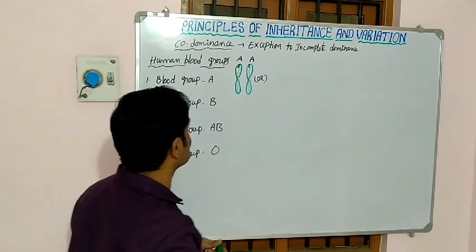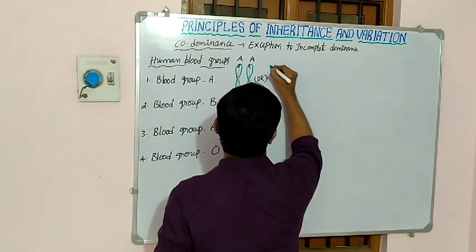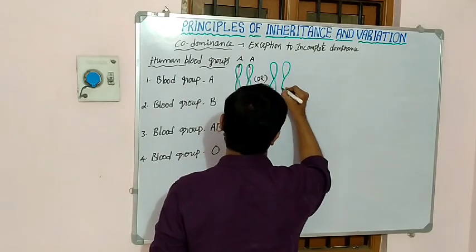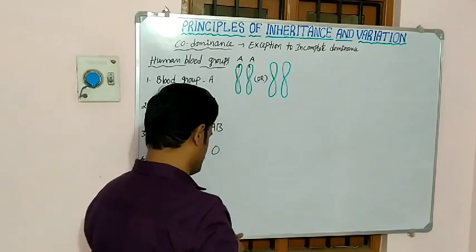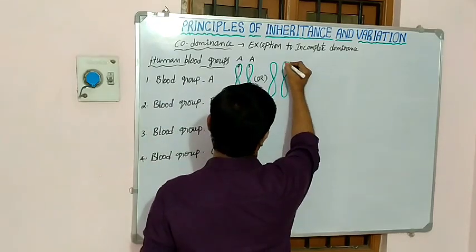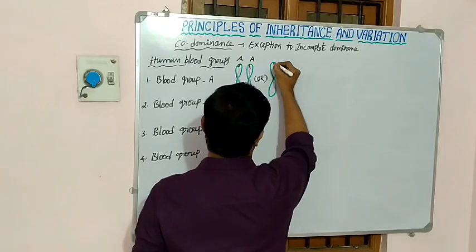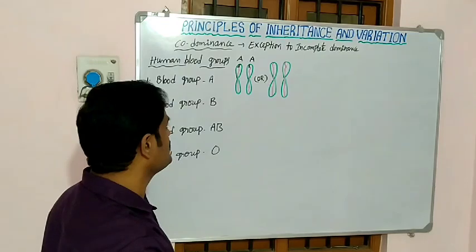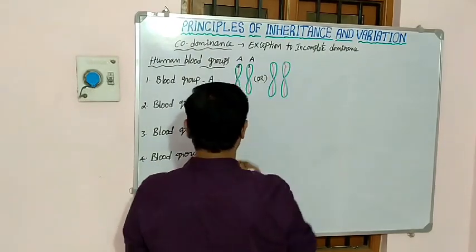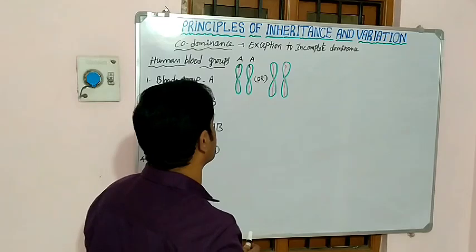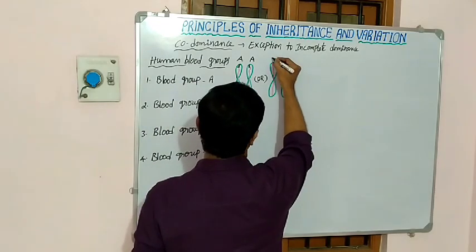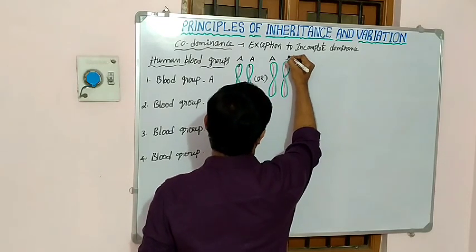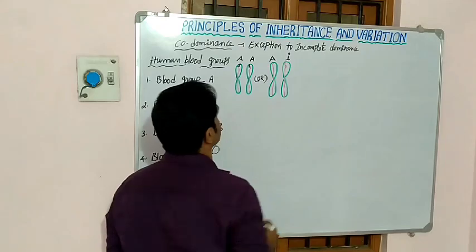See, some of the chromosomes, these are the chromosomes, and inside of the chromosome consists of double stranded DNA, and the DNA consists of genes, and the genes consist of alleles. So here one chromosome having A allele and second chromosome having I allele.